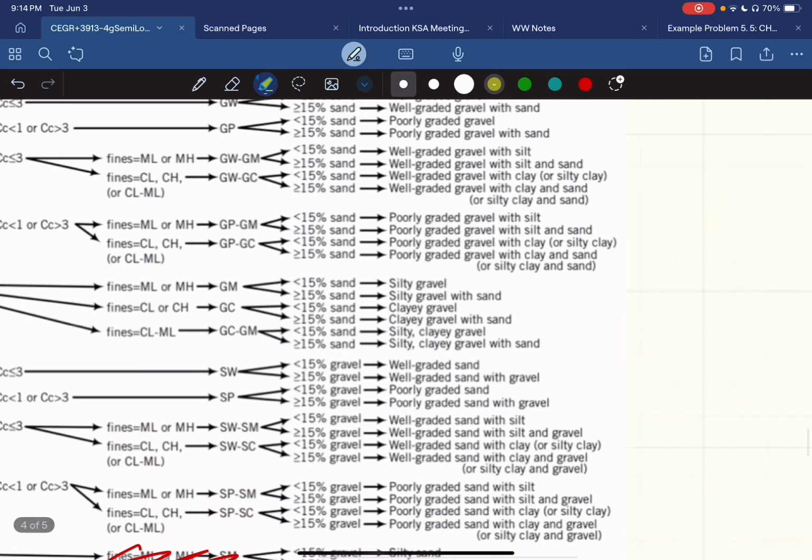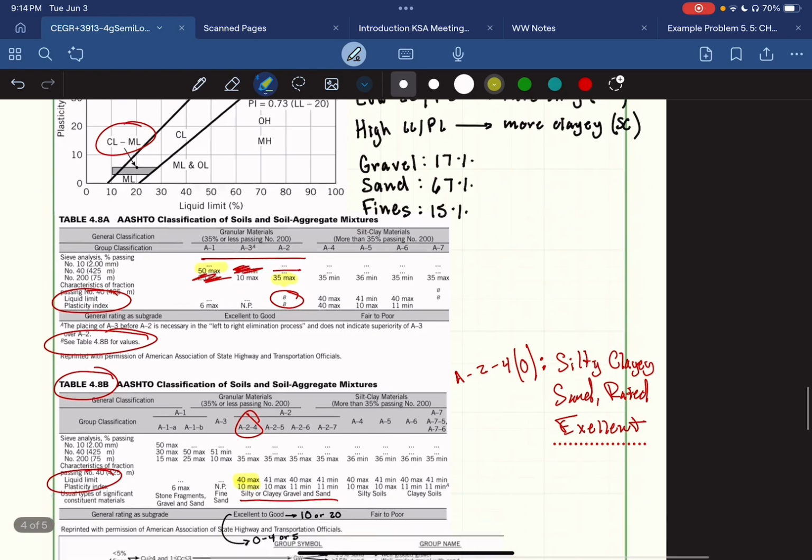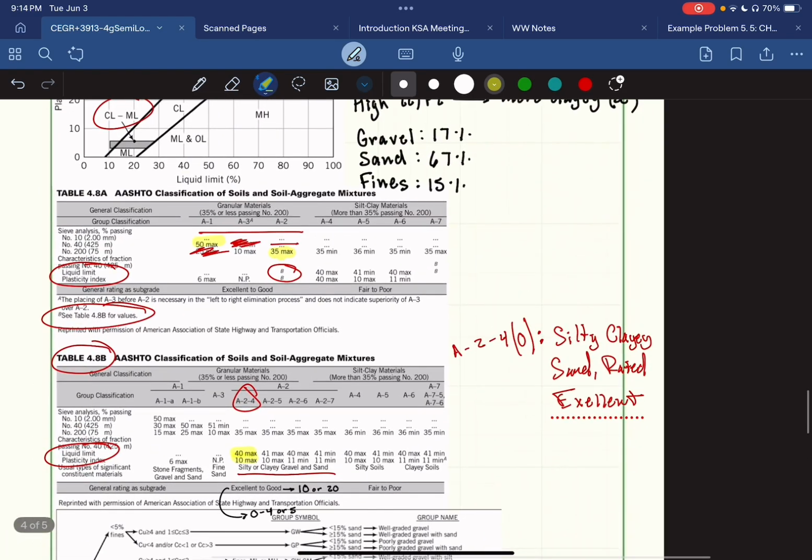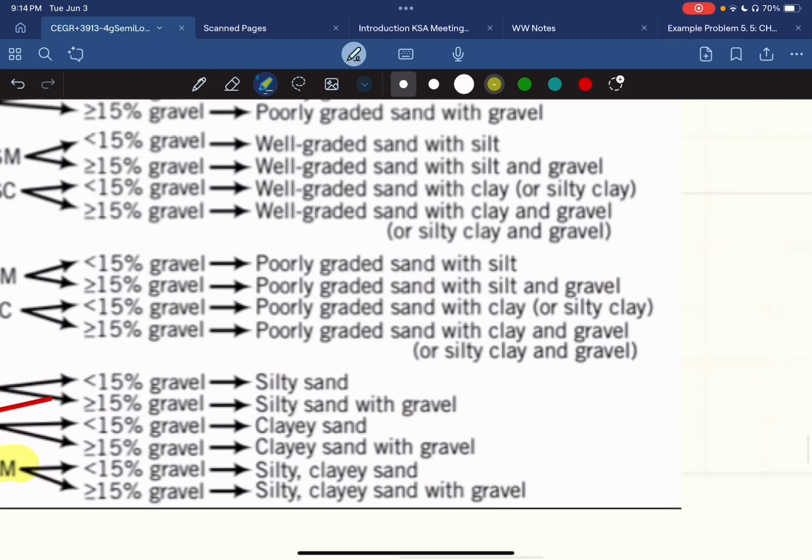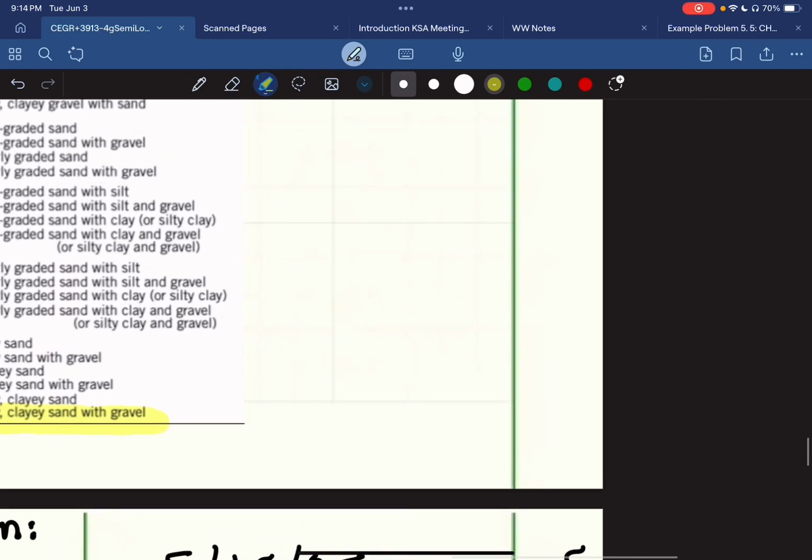So if we look up here, we have gravel at 17%. So we're gonna pick this bottom one here. I'm gonna do the best to highlight that. Okay. So how that's named is it's really simple.